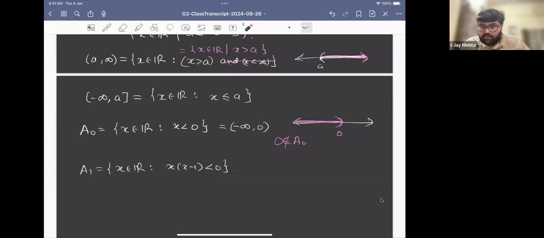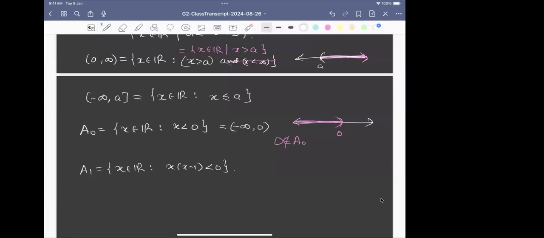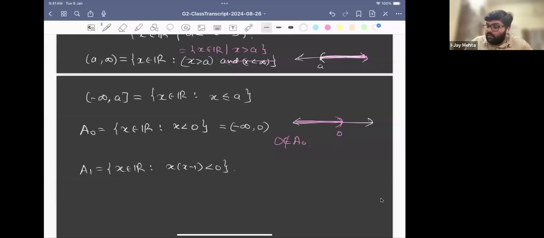If no real number satisfies this, then it's an empty set. So first check whether it is an empty set or not. Siddhi, can you give a real number which is in A1?